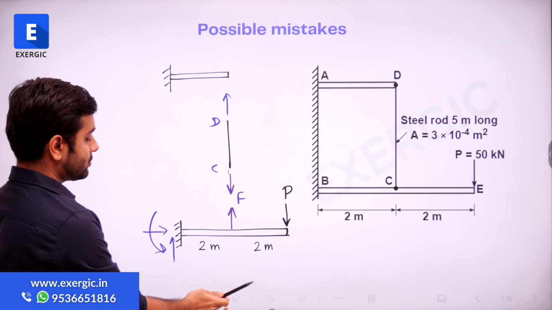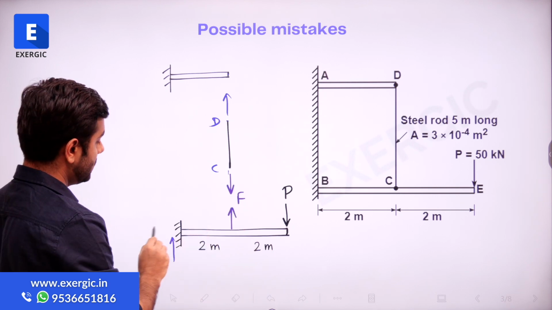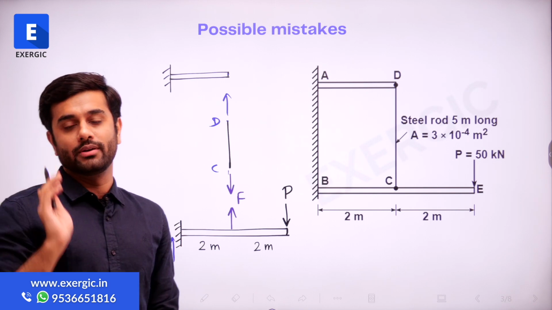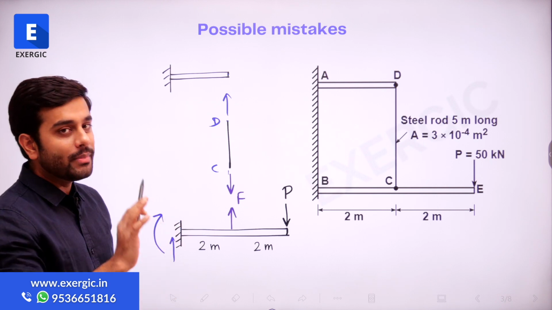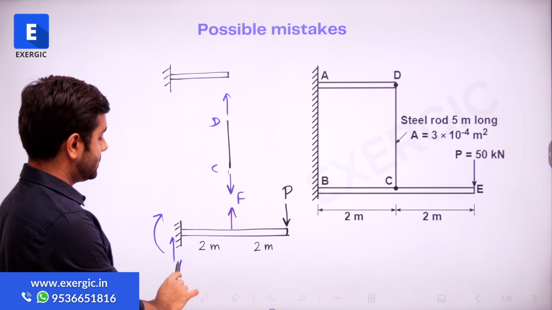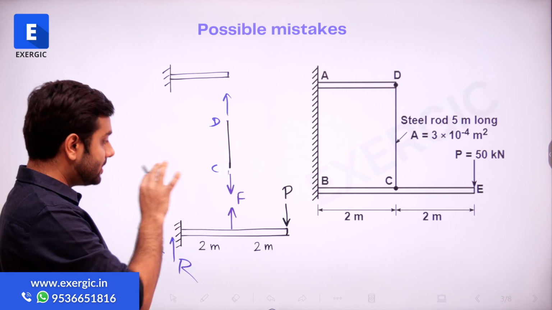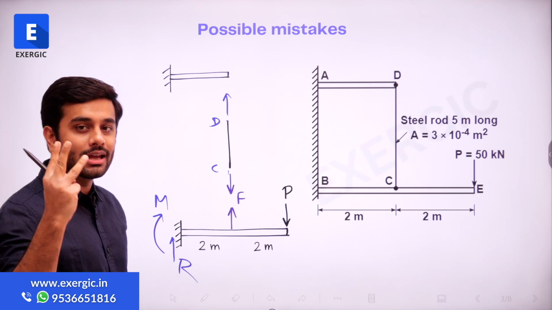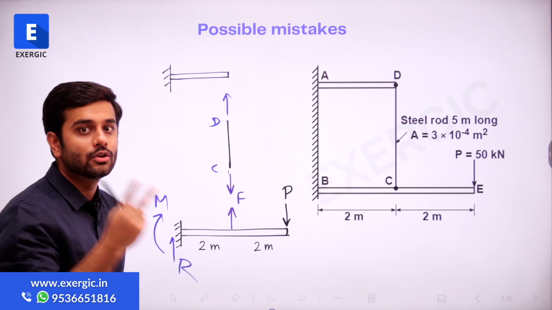A horizontal force anyway is not going to exist here because there is no horizontal force on the loading side. So you will have a moment, a load and a shear force as shown. In this case, how many values are unknown? Let's say this is R, this is M. R is unknown, M is unknown, F is also unknown, only P is known to you. So in total you have 3 unknowns. And how many equations can you write? In this case, 2.